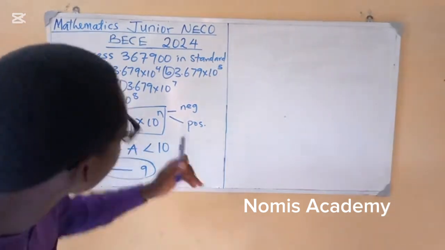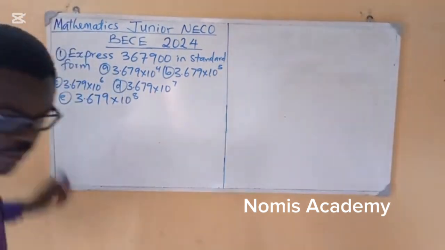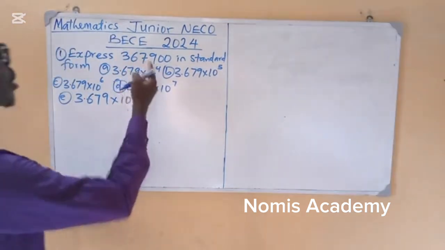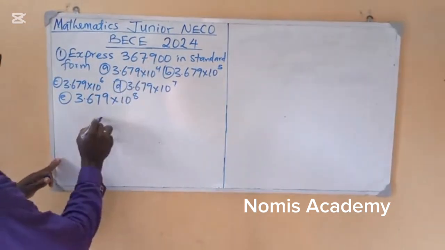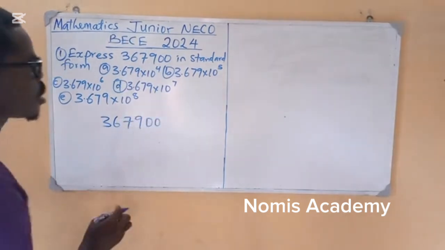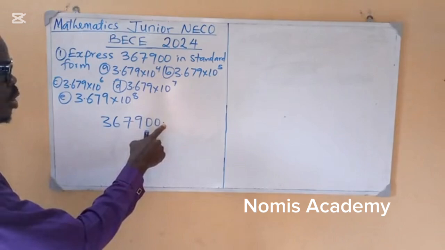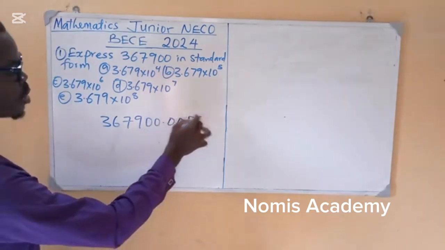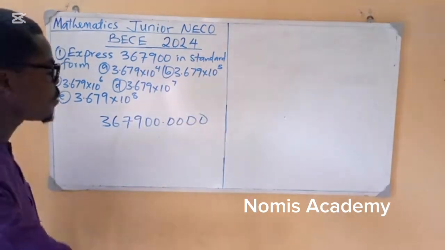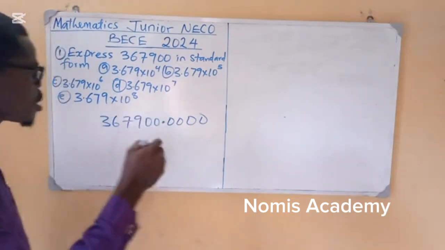Now let's solve the problem. Don't forget what I just explained. First and foremost, we need to identify where the decimal point is. The decimal point is here. You can decide to add zeros, but all these are insignificant. But you must ensure to identify where the decimal point is.